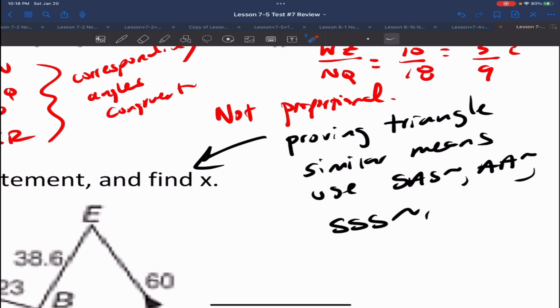So please make sure if you're trying to determine whether the triangles are similar, then you're going to be using one of these similarity theorems to prove if they are indeed similar.